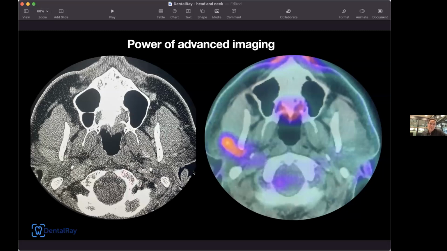So this tumor is taking up a lot of this radiotracer that was injected into the vein. This is a very sensitive way to detect primary disease and evaluate for metastatic disease that has spread to other parts of the body. So this is a pretty aggressive, unfortunately a bad actor. It's called adenoid cystic carcinoma.